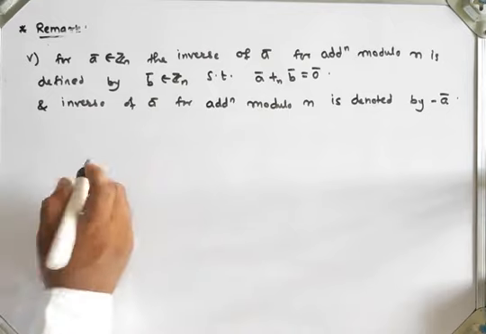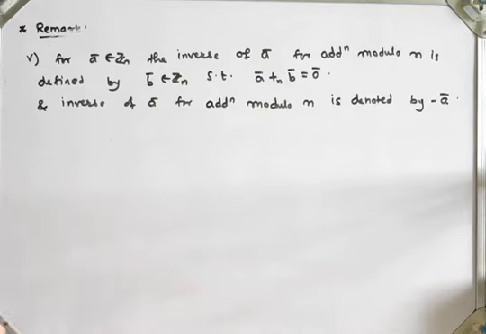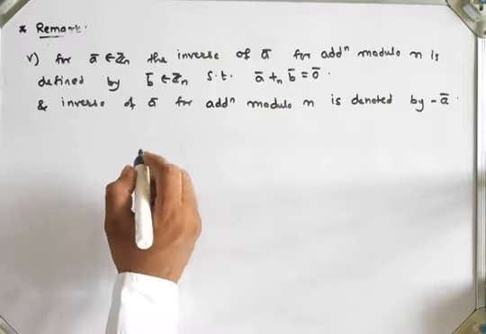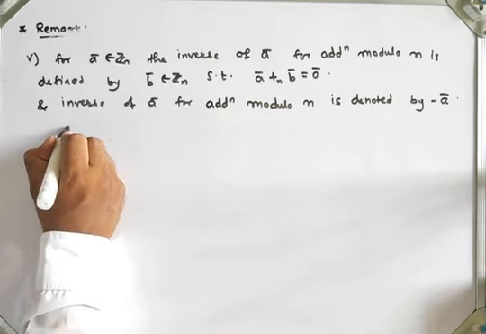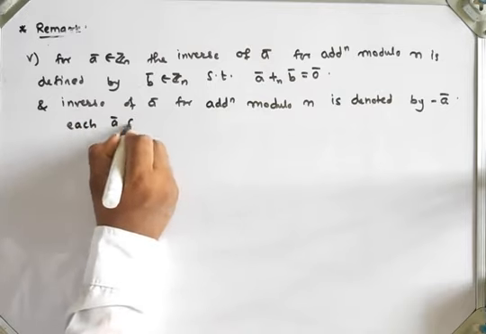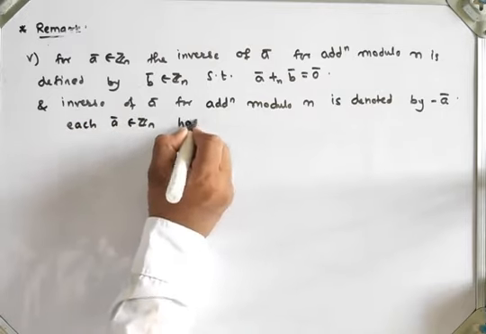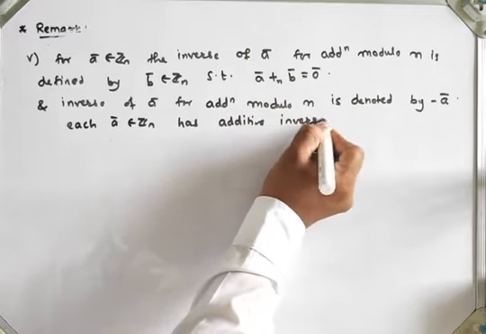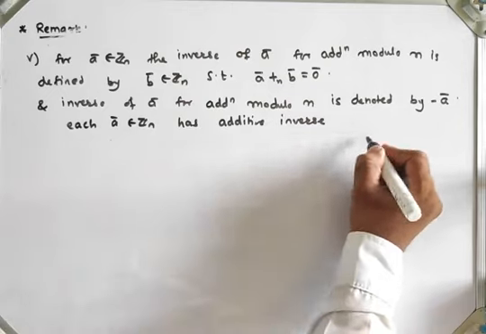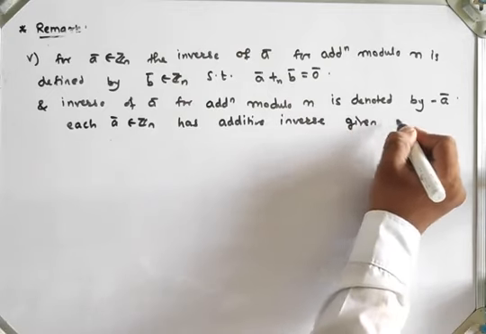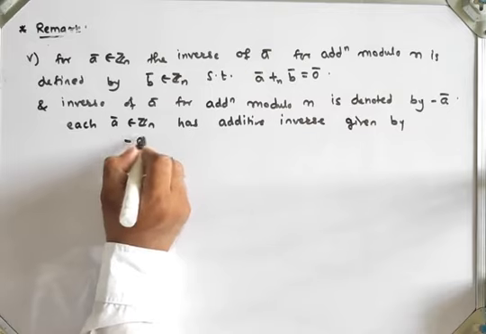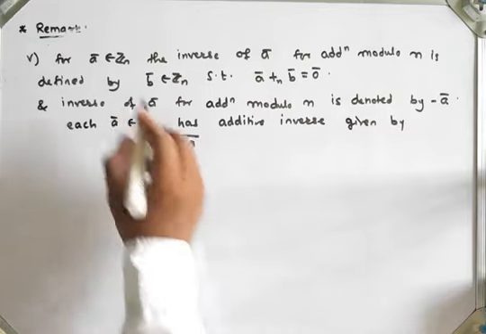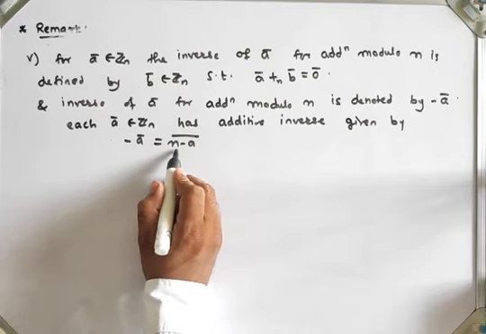So each a bar belonging to Zn has an additive inverse, given by minus a bar, which is nothing but n minus a bar, because here it is modulo n operation, so n modulo n will be 0.